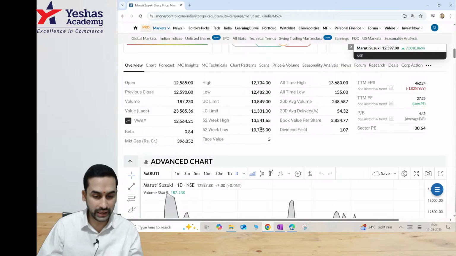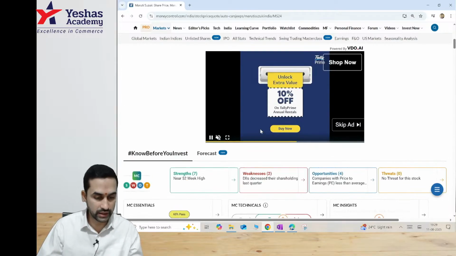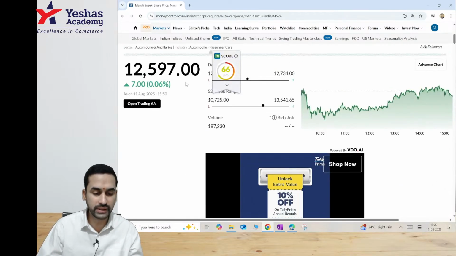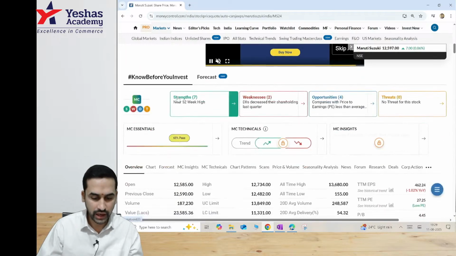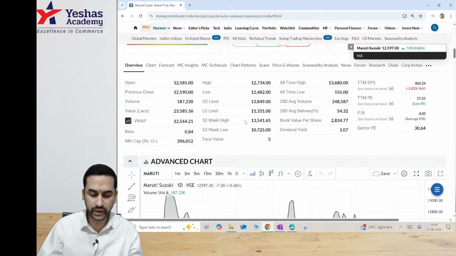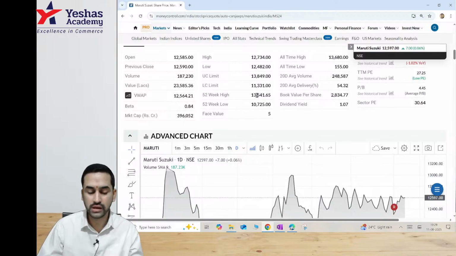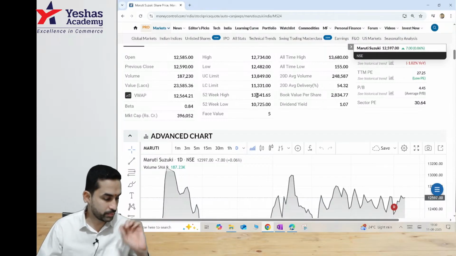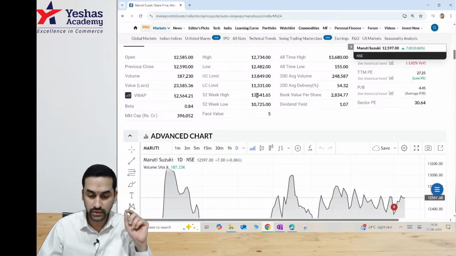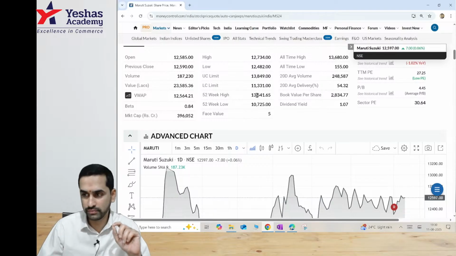Now, before buying any stock, that day you check what is the ongoing price, 597. And what is the all 52-week high? If this ongoing price is very near to 52-week high, then you should understand that this stage is very costly. You are buying it at 52-week high.